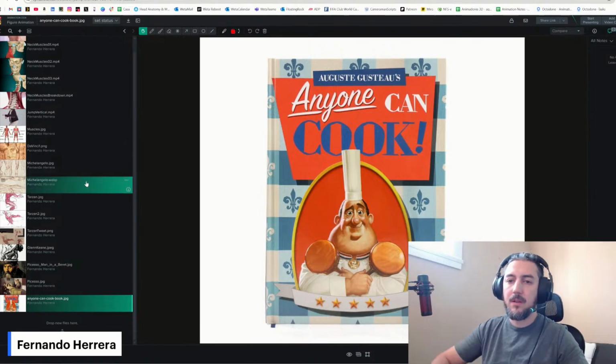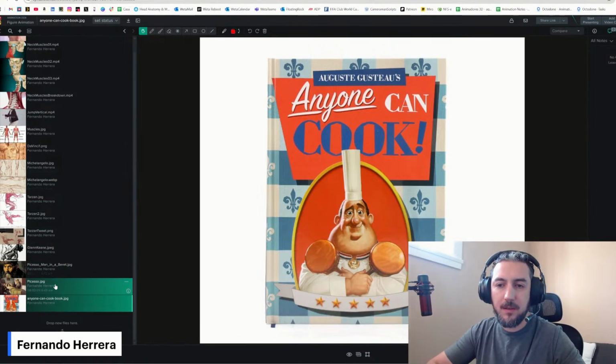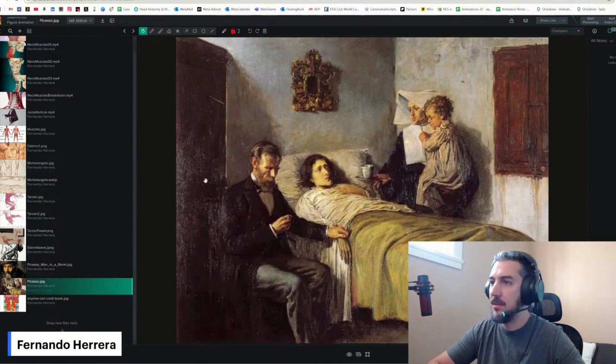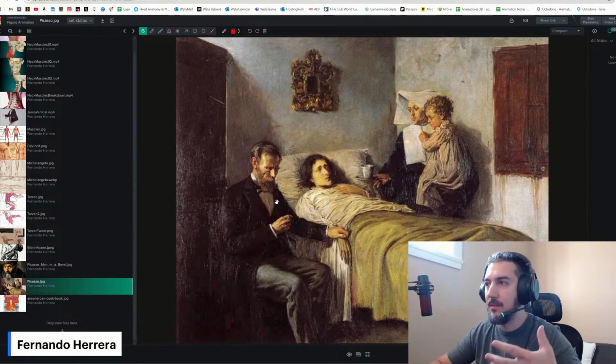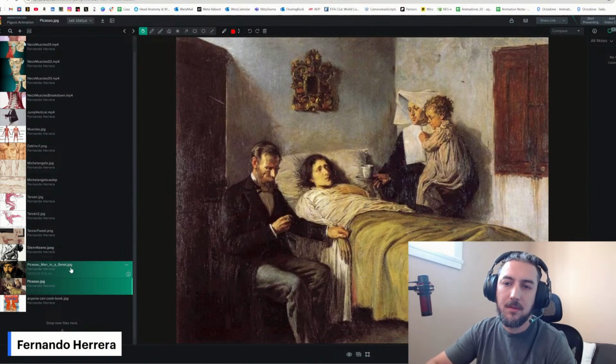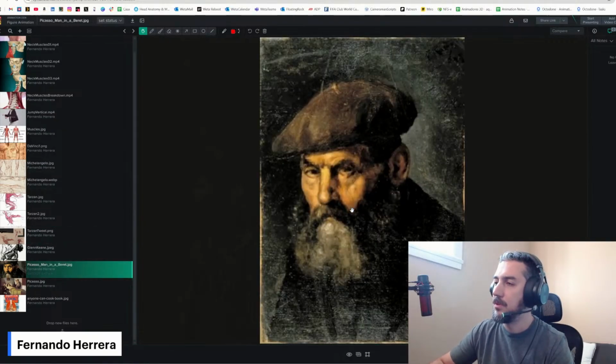A few examples: this is an early work from Pablo Picasso. He's one of the masters of stylization, but he had really good control over light, form, perspective, and even anatomy. This is also some of his work.